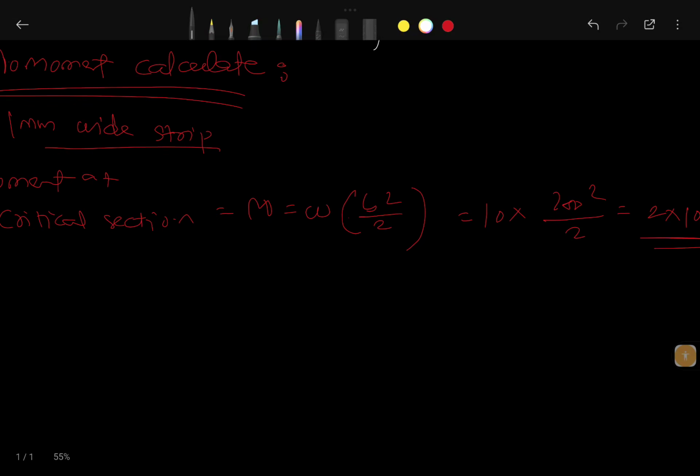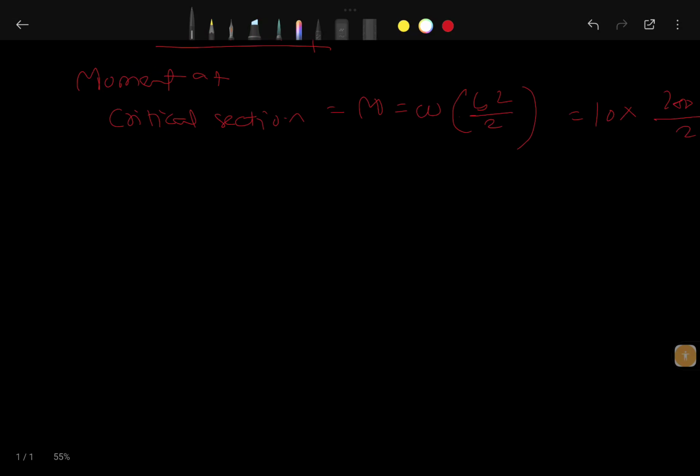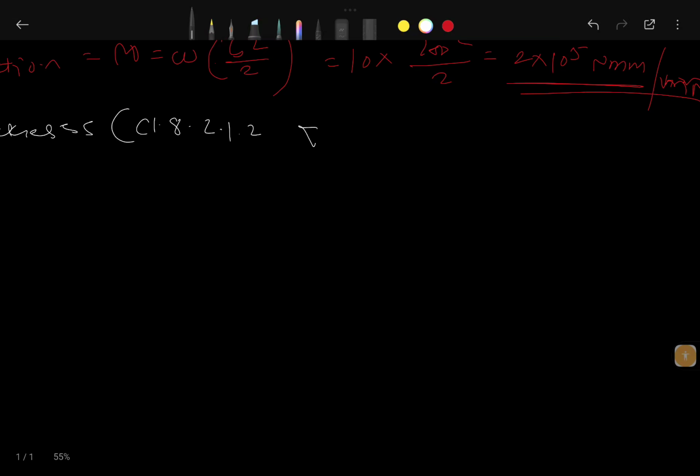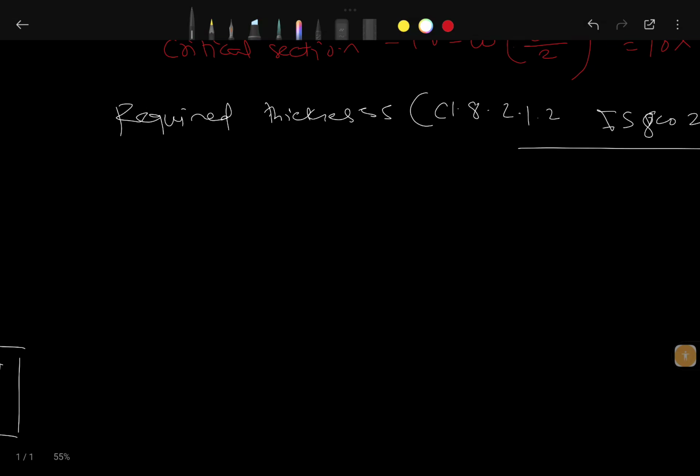Now, from this moment, we calculate the required thickness. For this required thickness, we have clause 8.2.1.2 of IS 800 2007. The moment capacity of the plate Md is equal to Fy divided by gamma m0 into Zp.